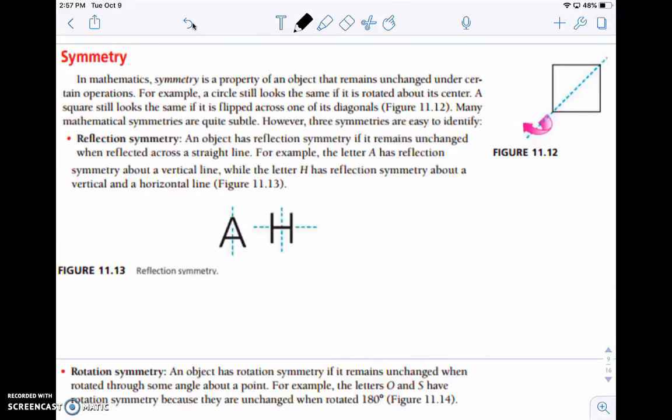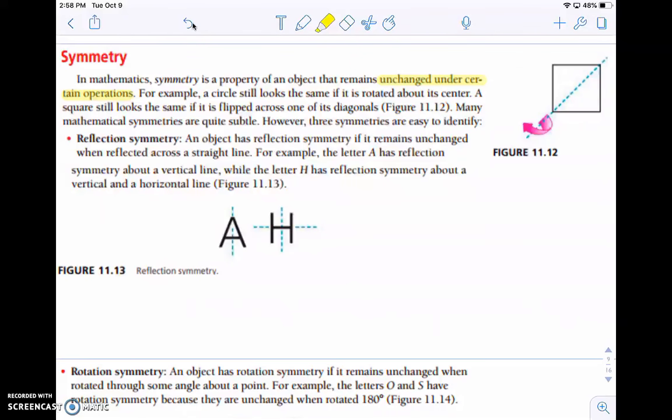With symmetry, this should be something you have heard of before. Symmetry is basically the property of an object that remains unchanged under certain operations. So again, unchanged under certain operations. For example, a circle looks the same if it is rotated about the center.